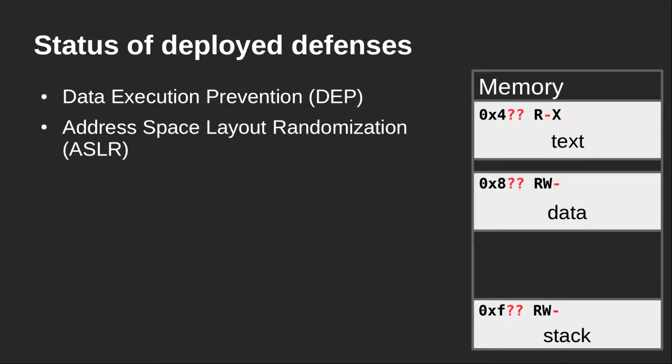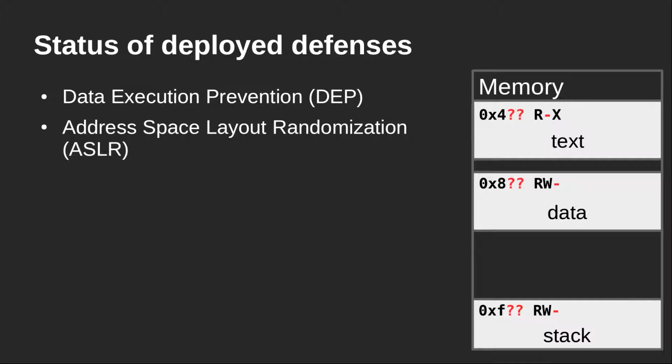A second step is address-space layout randomization. Instead of allocating all the different pieces of an application at well-known locations, we scramble these locations around every single time the application is started. And this makes it harder for the attacker to guess where the exact locations are.